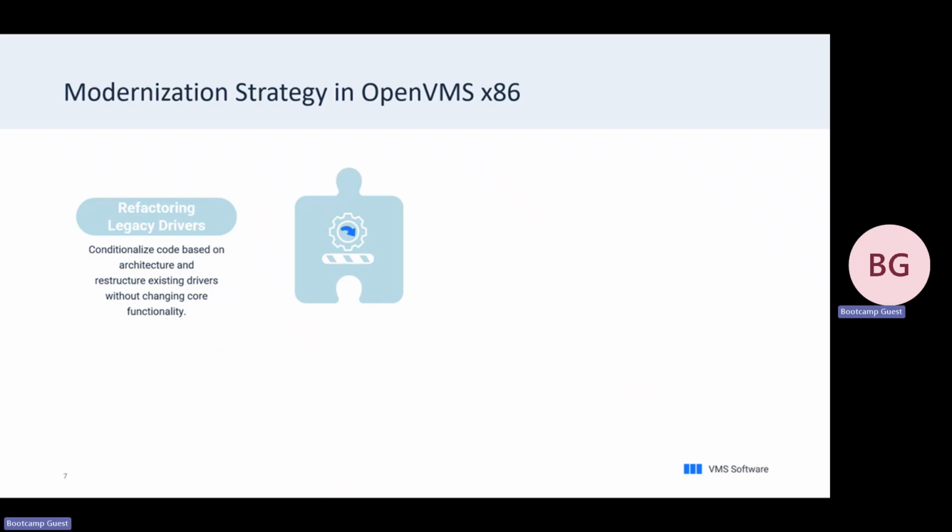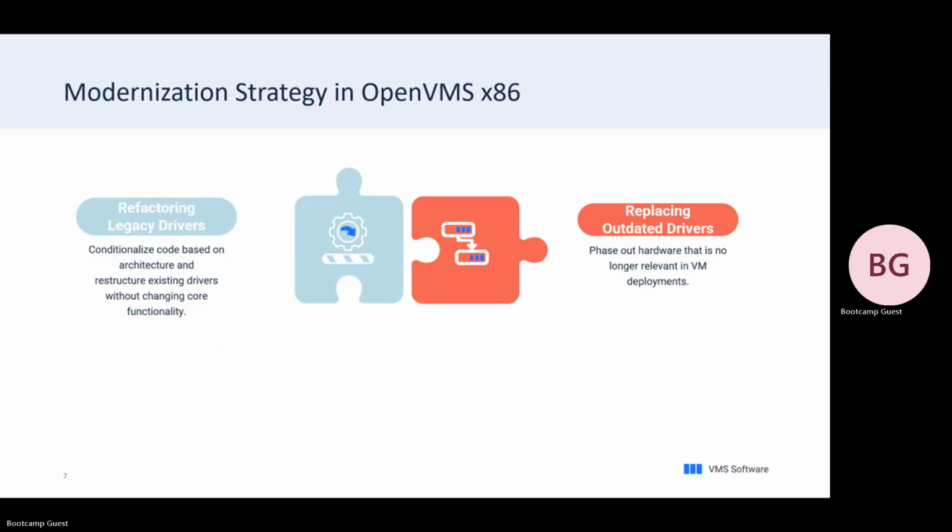This can be achieved by conditionalizing our code base based on the architecture in our build procedure. And sometimes we may need to restructure some existing drivers. But of course, the importance here is not to affect the functionality of these drivers. And of course, since we are no longer running bare metal, some drivers need to be phased out and no longer exist, in our case for x86.